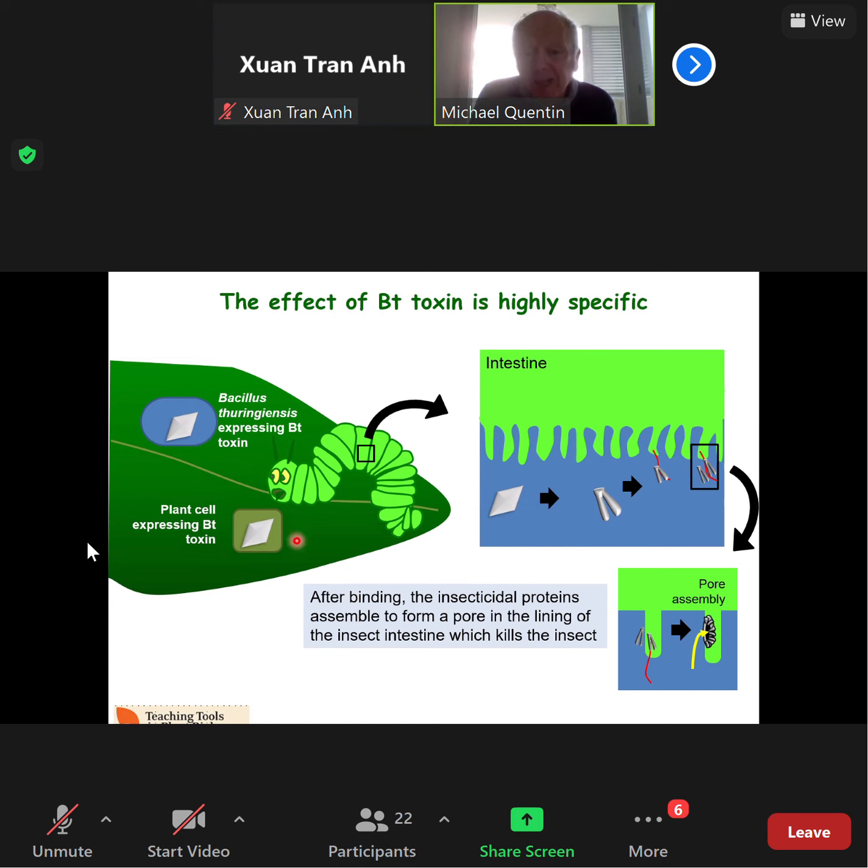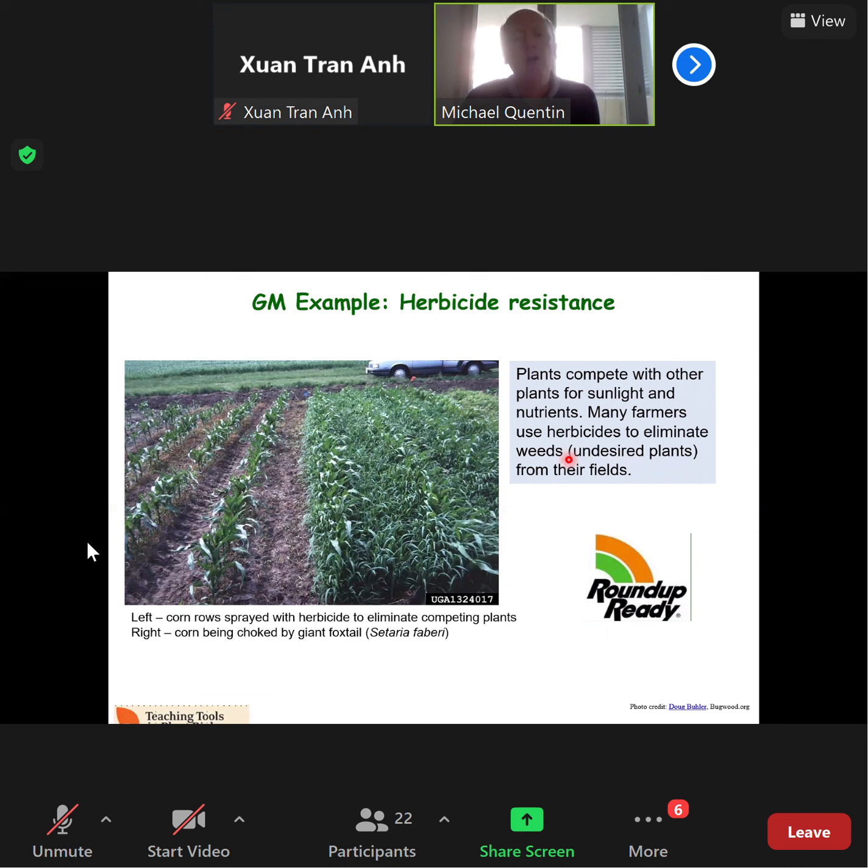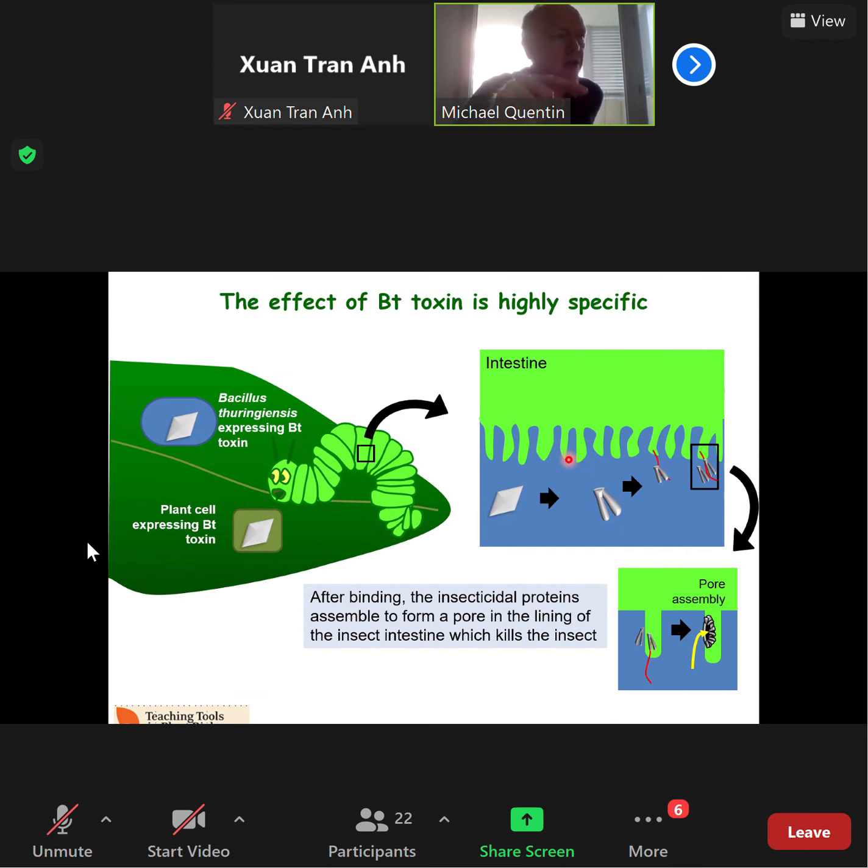It will only act on some insects, not all of them. So it's a kind of specific one, which makes the use of this Bt toxin useful to specifically target some kind of insect.